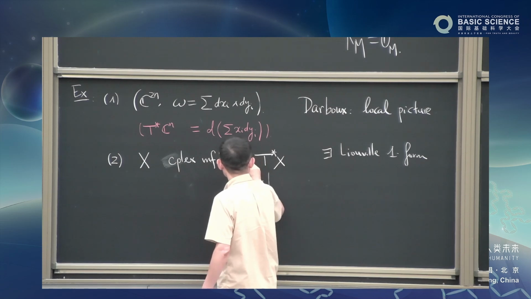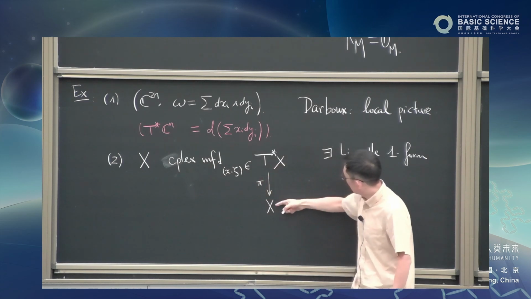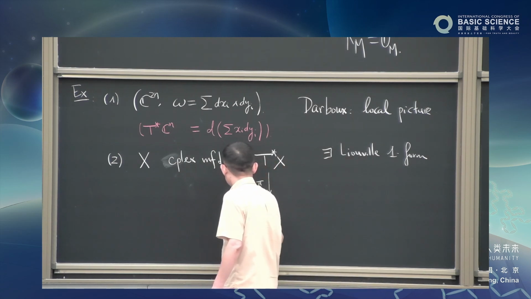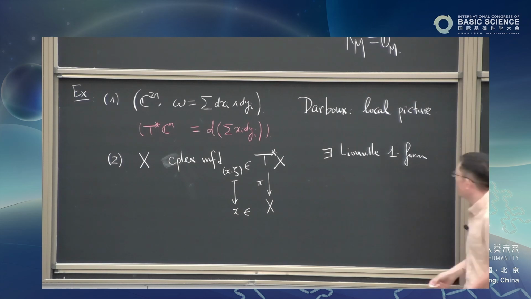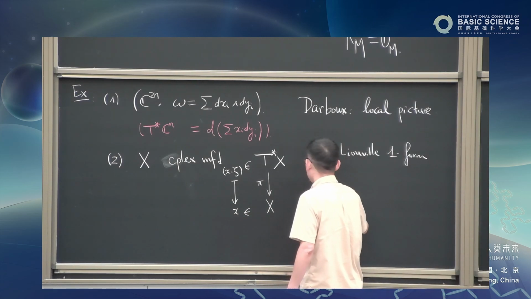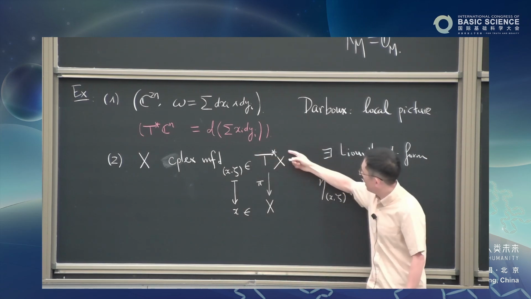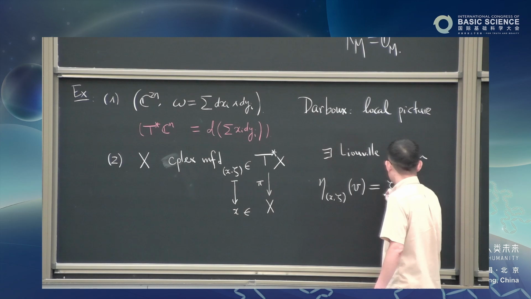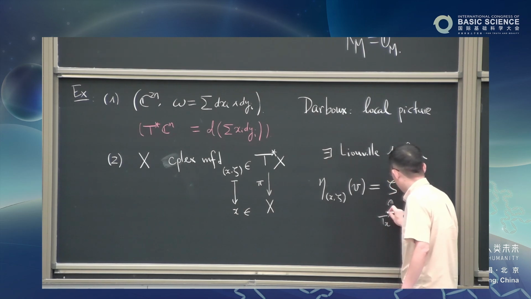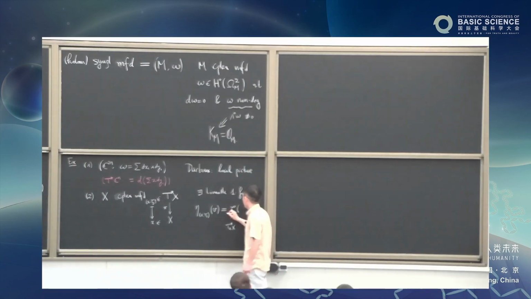If you pick a point (x, xi), where x is a point in X and xi is in the cotangent space at this point, and some tangent vector v at this point of the total space, then you evaluate xi on d pi of v.